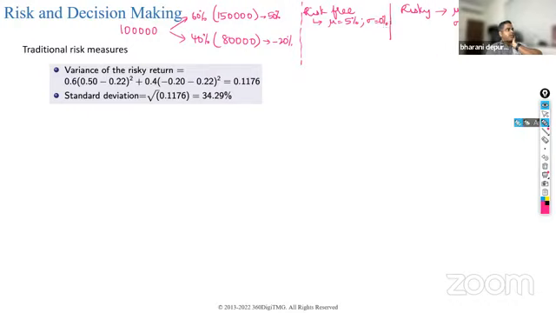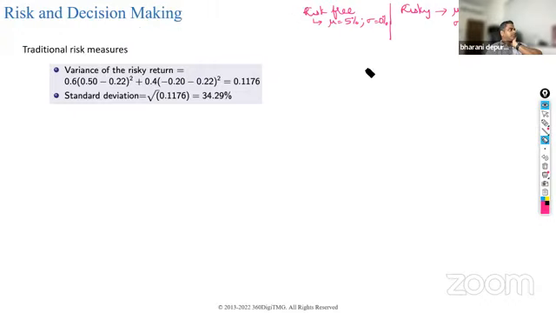Sigma is 0%. Okay. This is the data that we have.